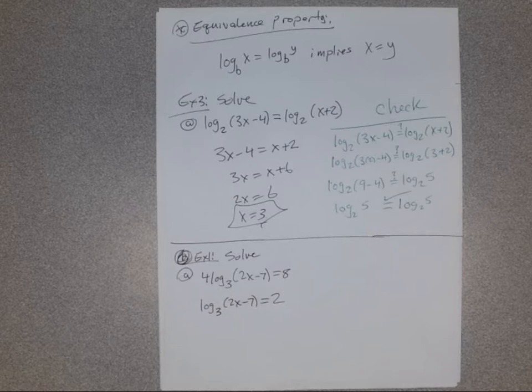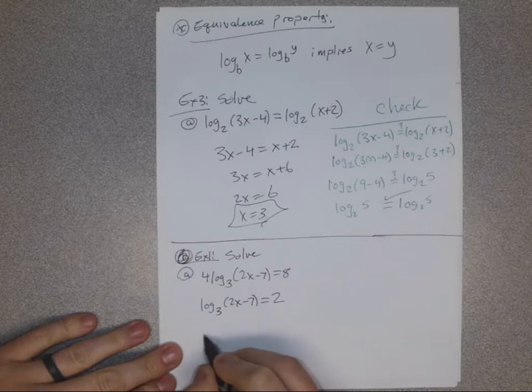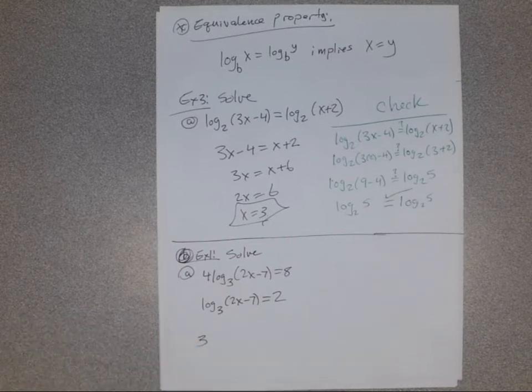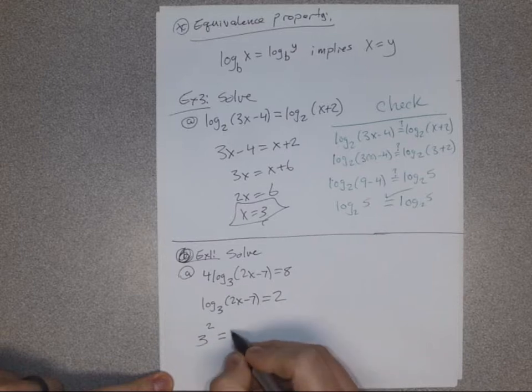Now we're in logarithmic form, and I don't know how I'm going to solve for that x, but I do know I can convert to exponential, and let's see if that works. And if it doesn't work, then I'll just go back to this step and try something different. So let's convert to exponential. My base is 3. My exponent is what's by itself, 2, and that's equal to what's left over.